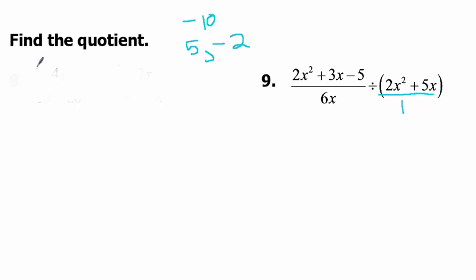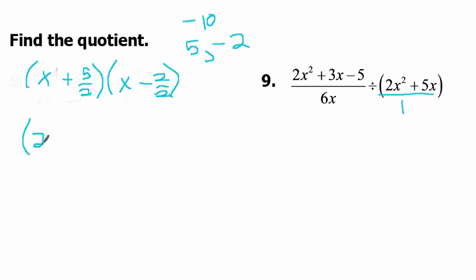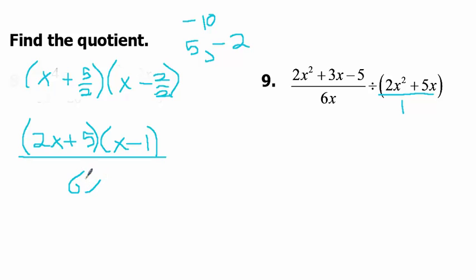So I'm going to start out with my factors of the numerator. x plus 5, divide by whatever a was, and x minus 2, divided by whatever a was. So both of those clean up. We're going to have the 2 in front, and x minus 1. Denominator, 6x. That was the copy.